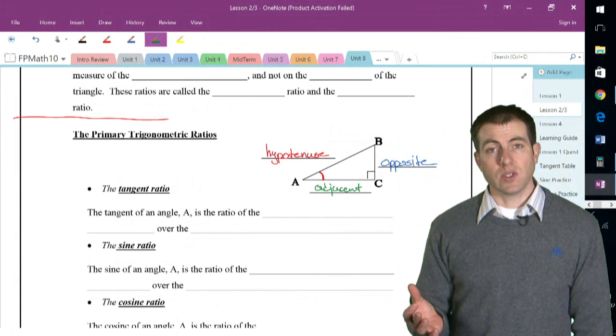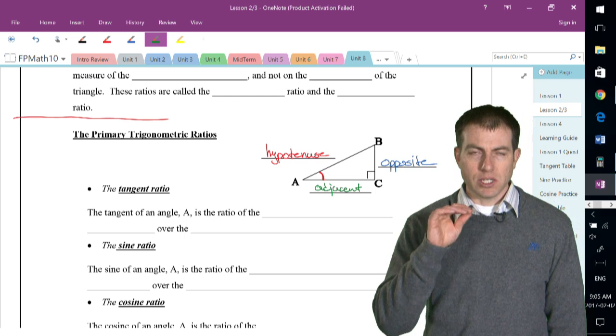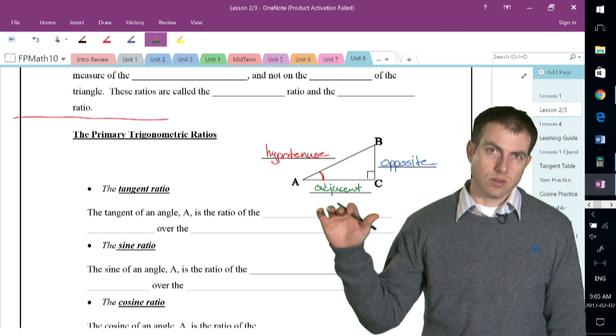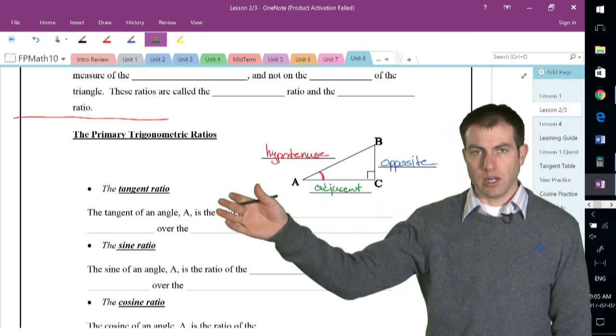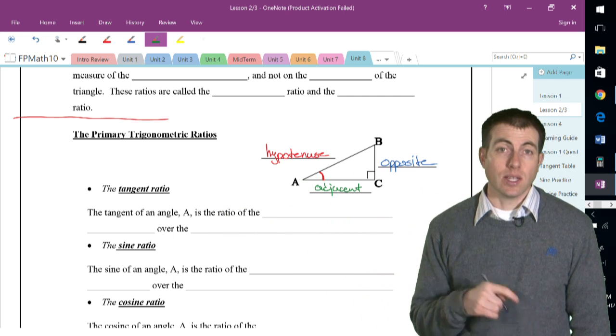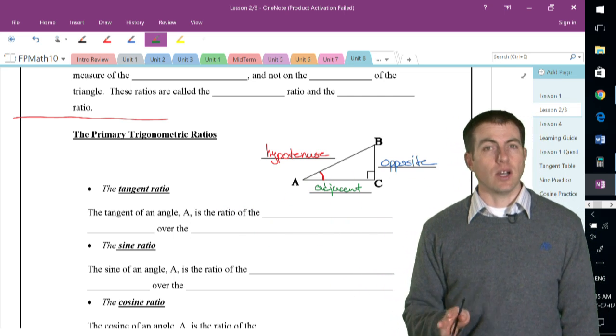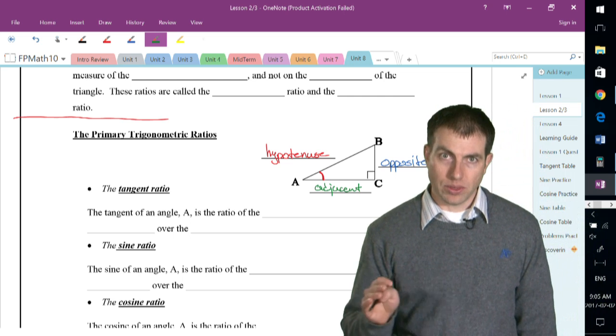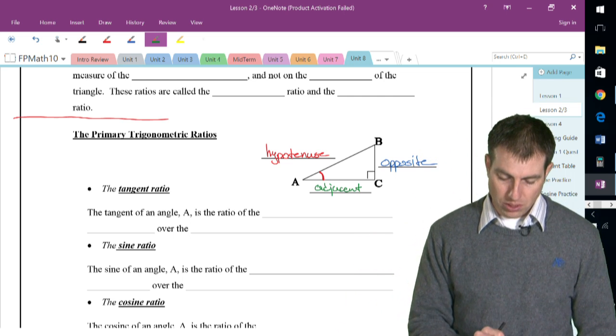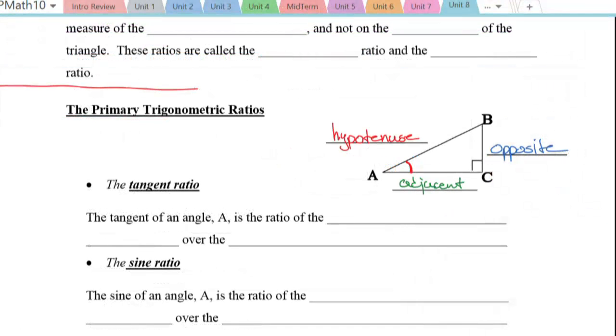Our reference angle is A. We look at our triangle and measure all of our sides from angle A. The longest side is the hypotenuse. We go straight across to the far side from A. That's our opposite. And the adjacent side is the one that forms the angle with the hypotenuse, in this case down at the bottom. So the tangent of angle A is the ratio of the opposite side over the adjacent side.